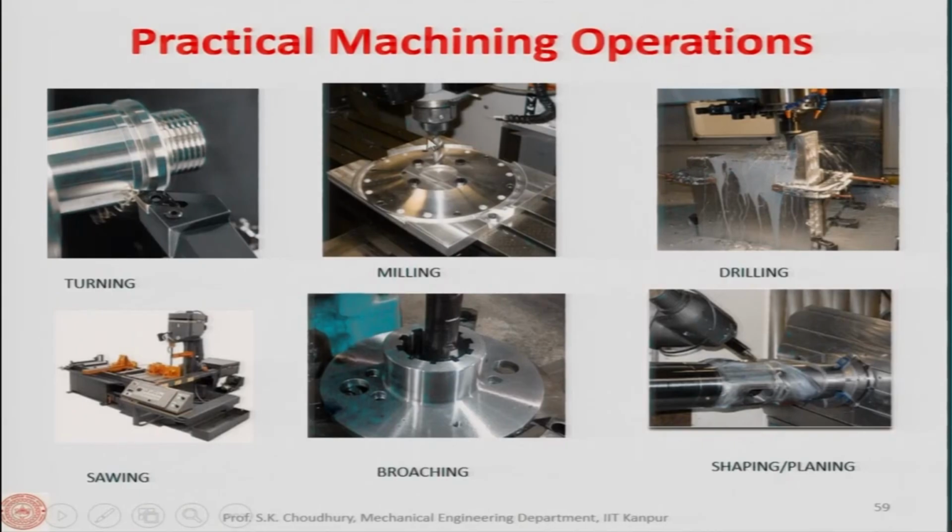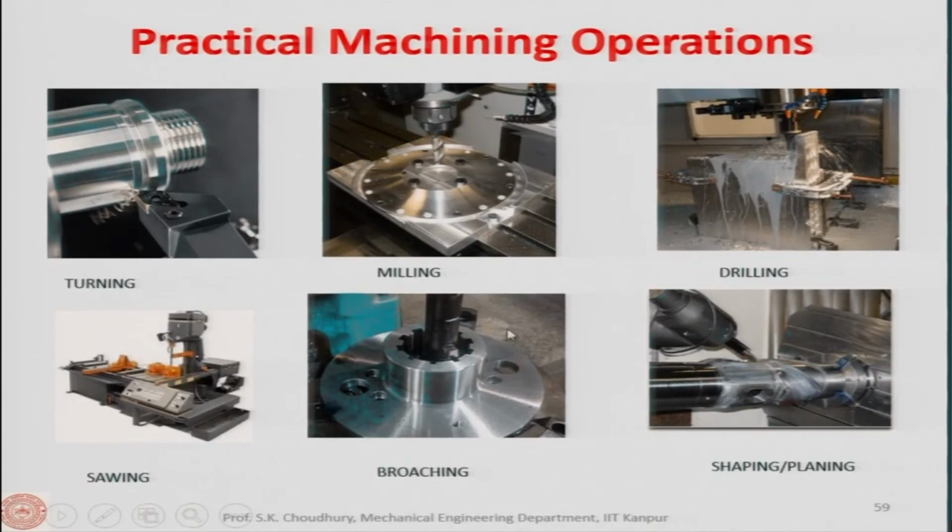This is the milling process, particularly vertical milling. This is drilling, where the hole is being drilled in the workpiece. This is sawing, where we have the saw and the material is being parted, cut.